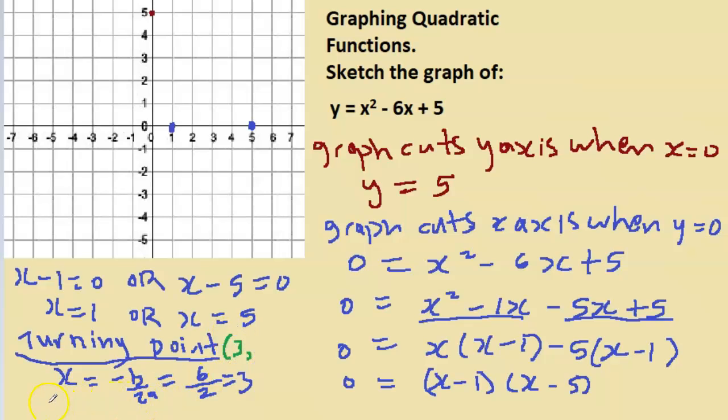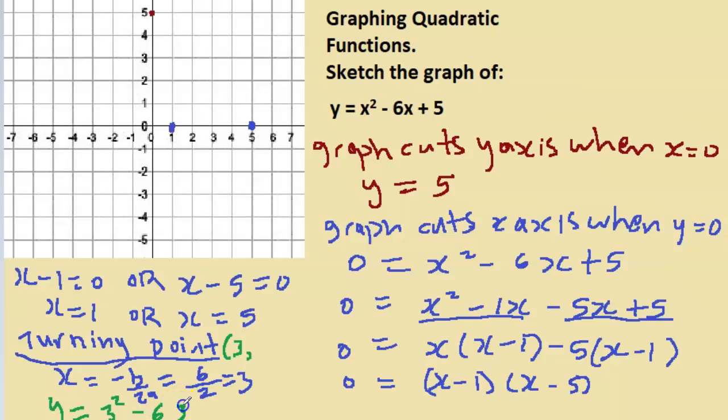And to get the y coordinate, there are many ways to get the y coordinate, but we can just simply substitute the x value into the y equation to get the y coordinate. So we substitute x into the function, x equals 3. So x squared becomes 3 squared. And minus 6x becomes minus 6 times 3.